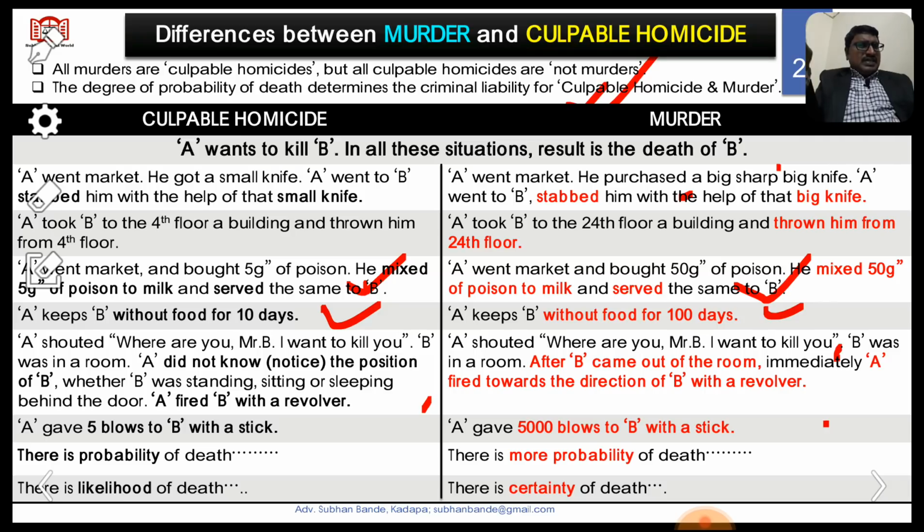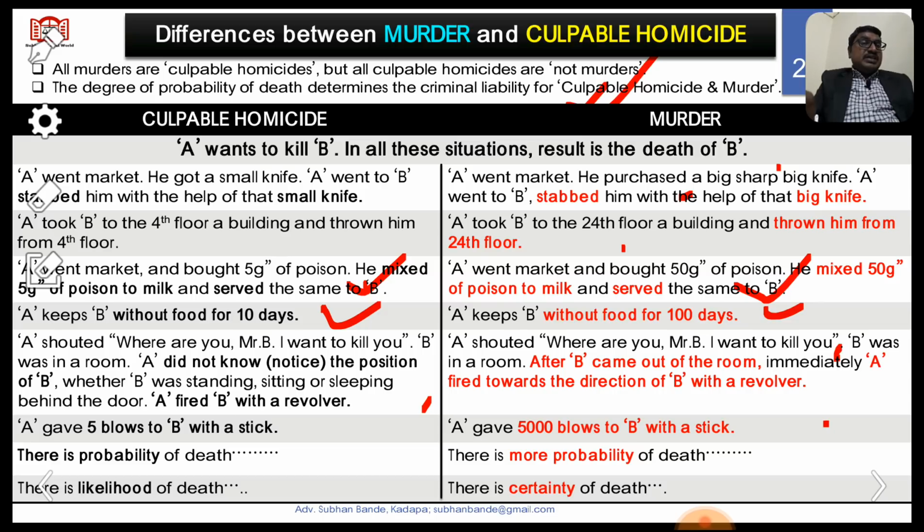In both the cases, A wants to kill Mr. B, A confined Mr. B, and A does not provide food to Mr. B. But the key difference, the boundary which separates culpable homicide and murder, is the number of days.